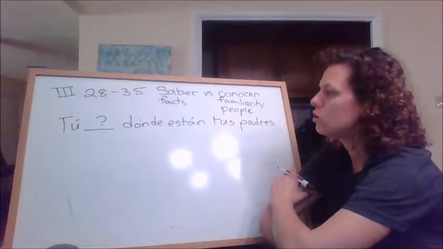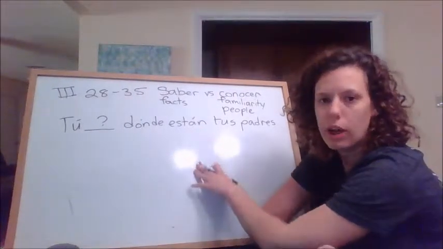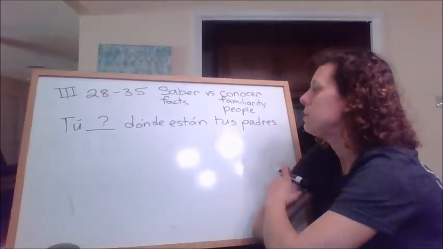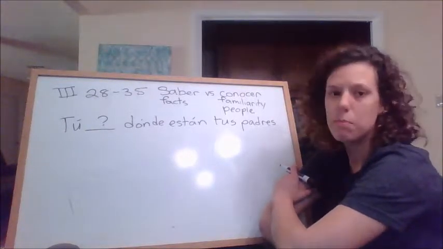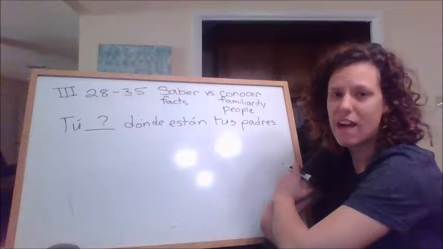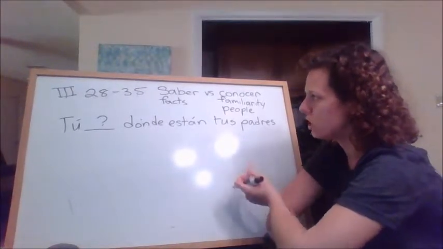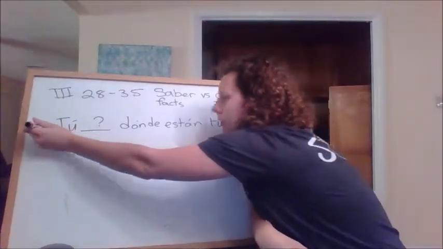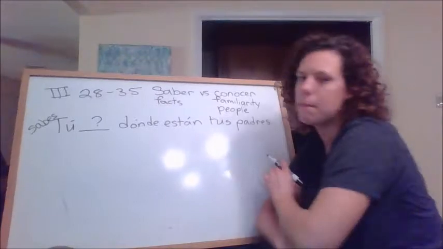So it's do you know where your parents are. Because it's where they are that it's asking if you know, that is a piece of information. So that's a fact. So it's got to be saber. And then how do we conjugate saber for tú? We say sabes.